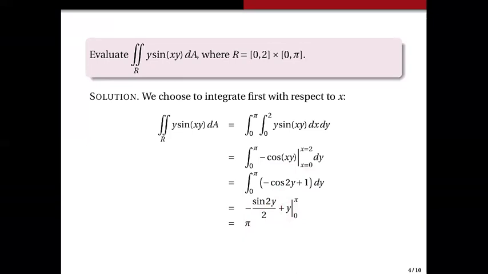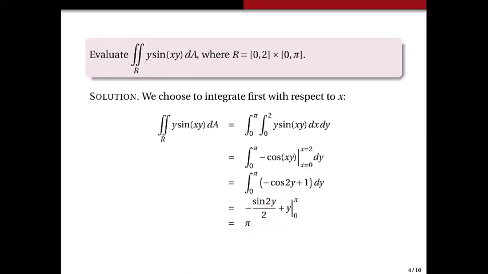Now, the region is just a rectangle. Like I said earlier, you can use Fubini's theorem, so you can interchange the two. Of course, the solution will be longer because you need to use integration by parts, but that's still possible, and when you do that, you should get pi.